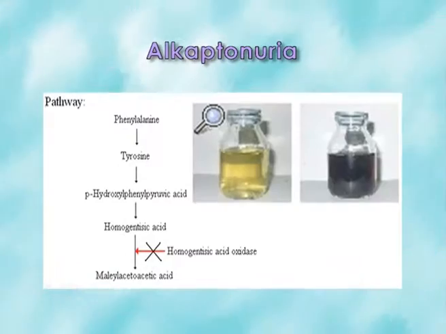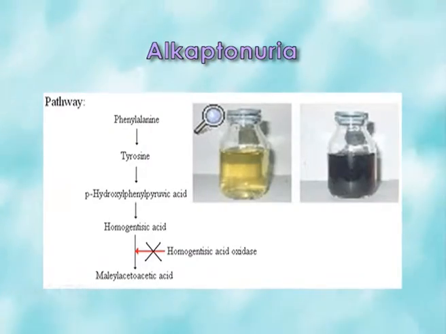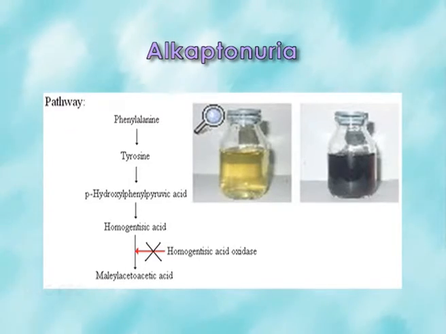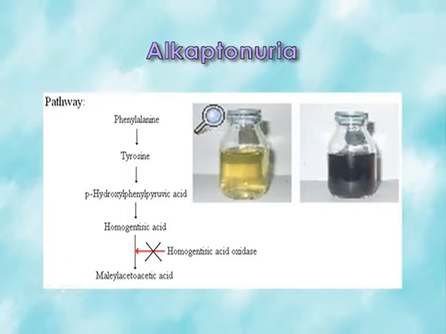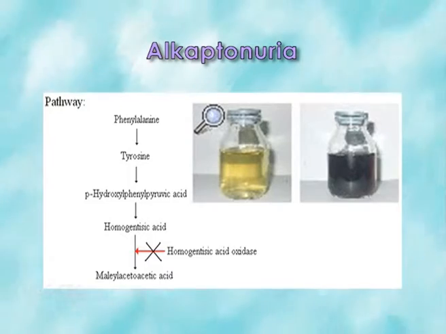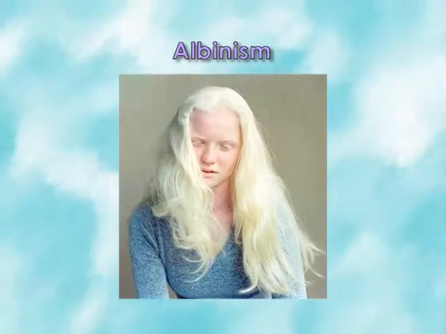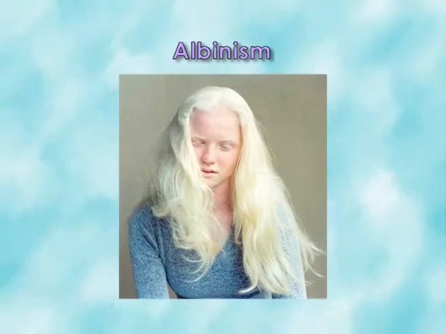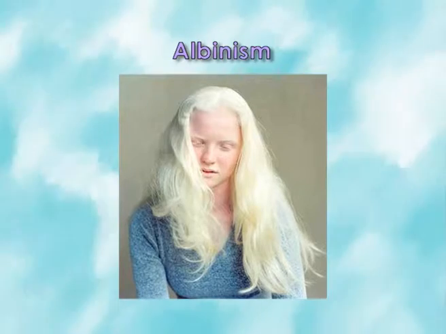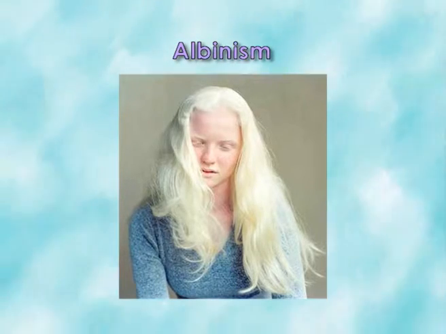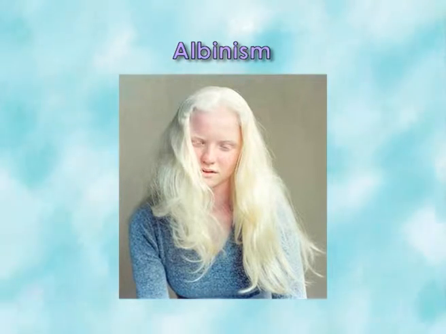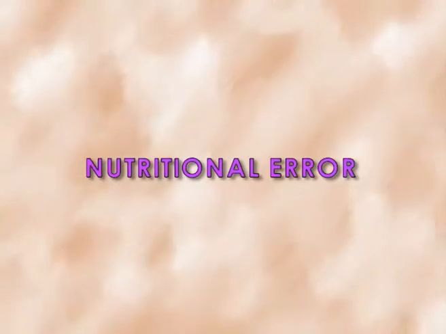In alkaptonuria, homogentisic acid is not converted to acetoacetic acid, but is converted to benzoquinone acetic acid, which is once again toxic. And in albinism, phenylalanine or tyrosine is not converted towards melanin, or hydroxyphenylalanine is not converted to melanin.